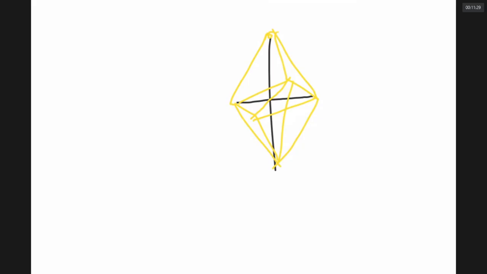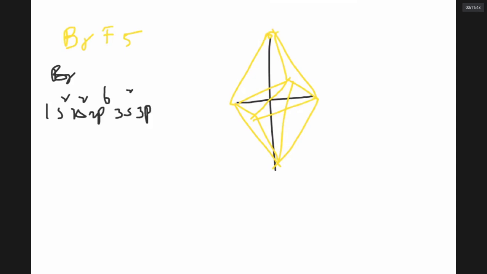In this octahedron, let us look at the case of BrF5. Bromine, whose configuration is 1s2, 2s2, 2p6, 3s2, 3p6, 4s2, 4p5, 4d0.